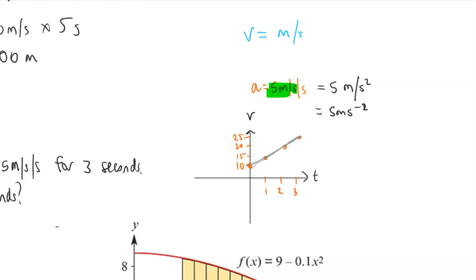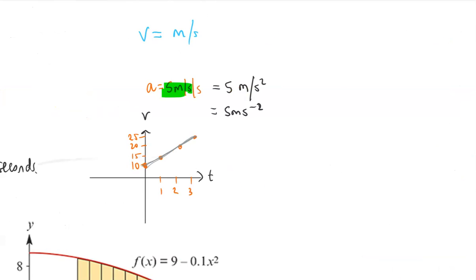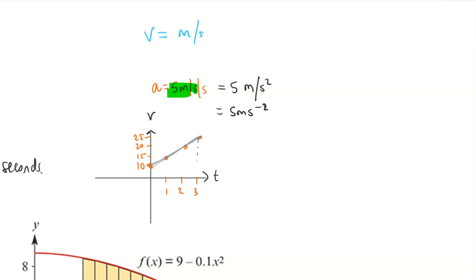Right, so if we see that graph, we've got a straight line. Now let's use the same concept that we tried here, that displacement is the area under the curve. So if I come across here, I want to know the area under there. So what shape is that for a start?